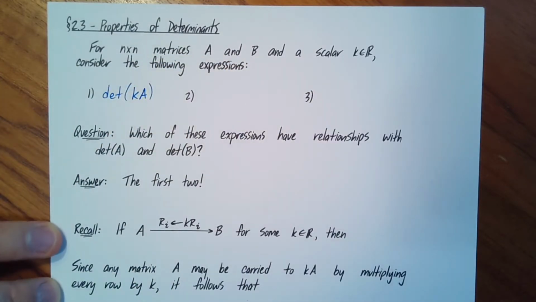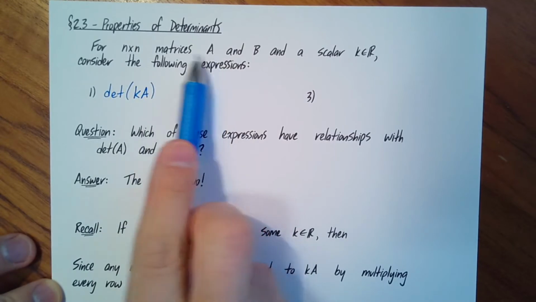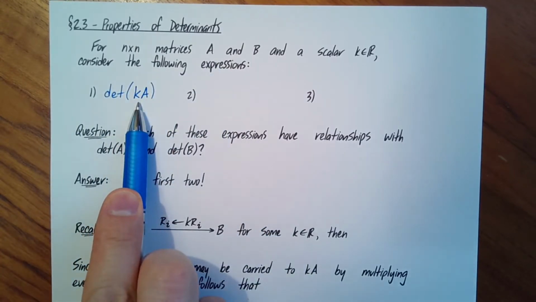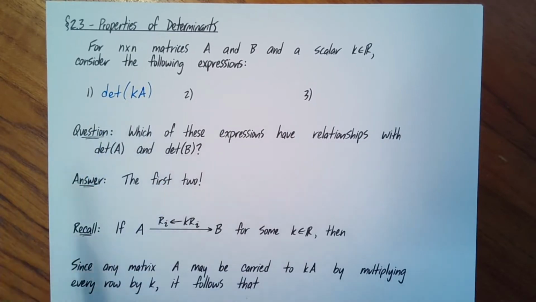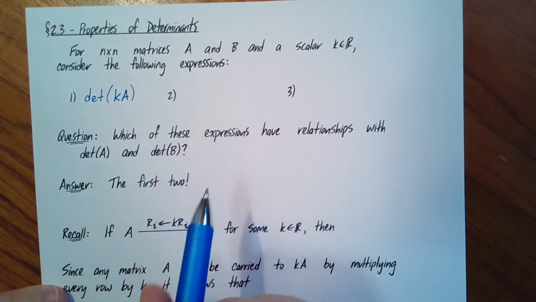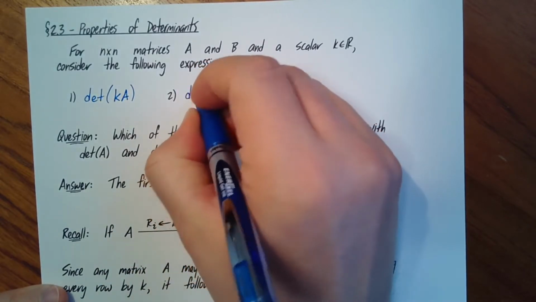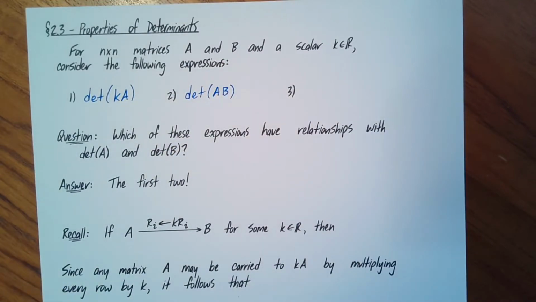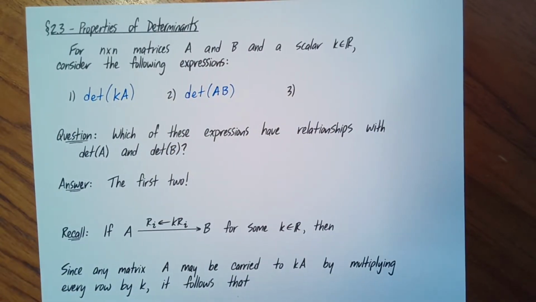Right, and that's a sensible mathematical expression because if A is an n by n matrix, then kA is an n by n matrix. So we really do have a square matrix in here, so taking its determinant is completely fine. Another thing you might consider is the determinant of the product of A and B. Right, and again, that makes sense because if A is n by n and B is n by n, well then the product of A and B is also going to be n by n.